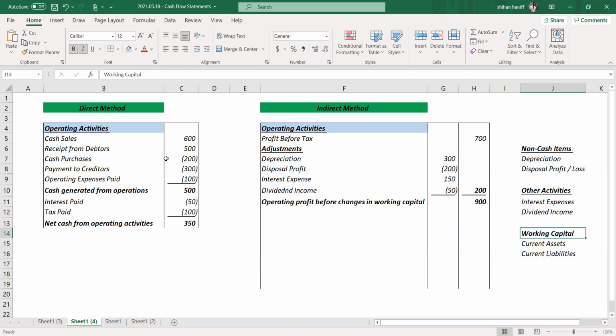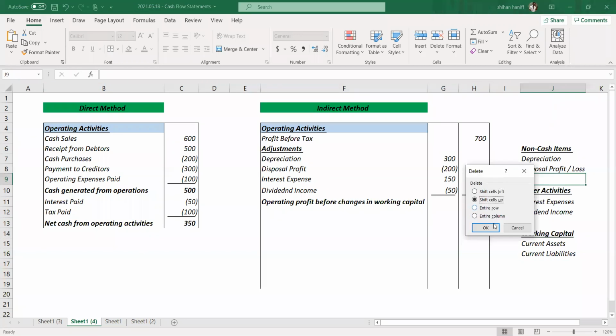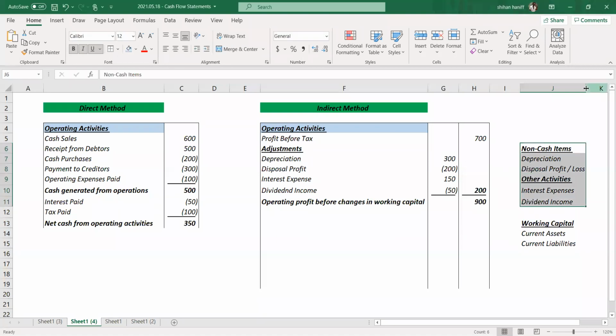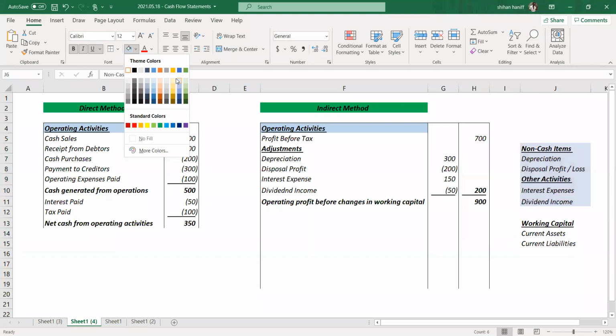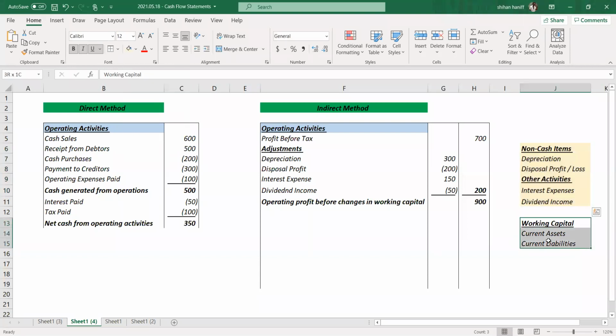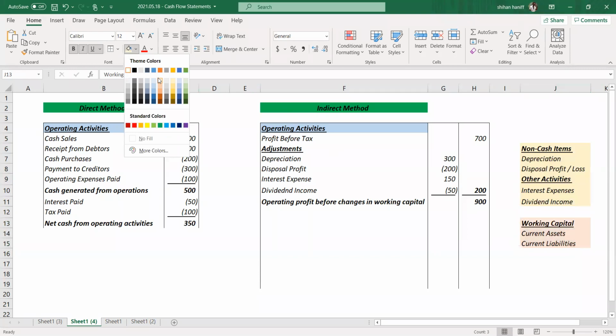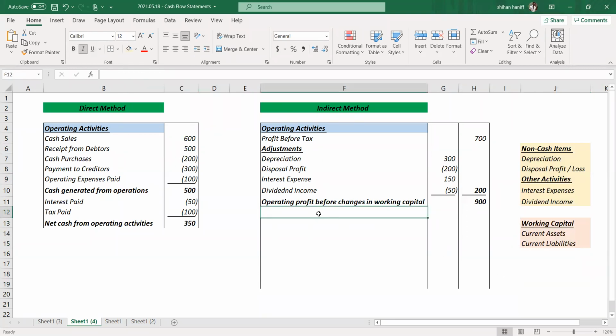Those are working capital. So after adjusting for the non-cash items and other activities, you need to adjust for the working capital.